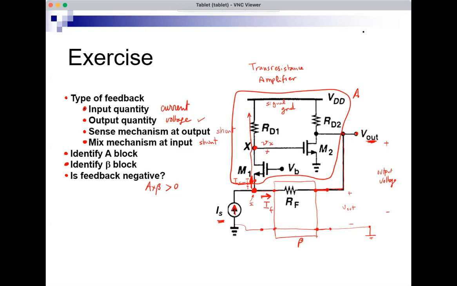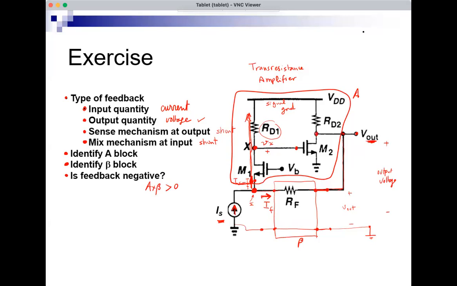So this is plus, right? Because this current continues like this, flows in RD1 and produces Vx. So Vx is RD1 times this current, and therefore there's no inversion between the current and Vx. There's no minus sign. And then this Vx is the voltage at the gate of M2.